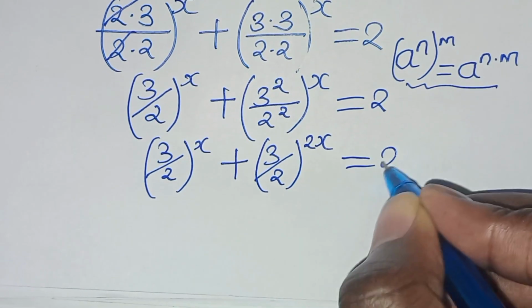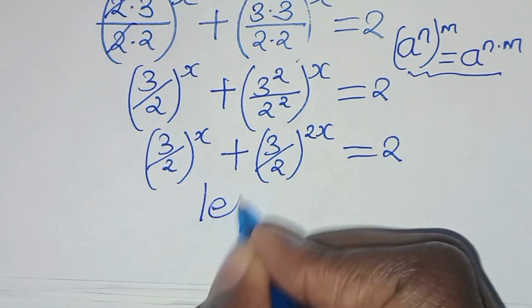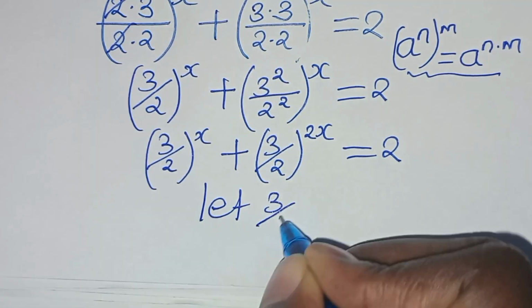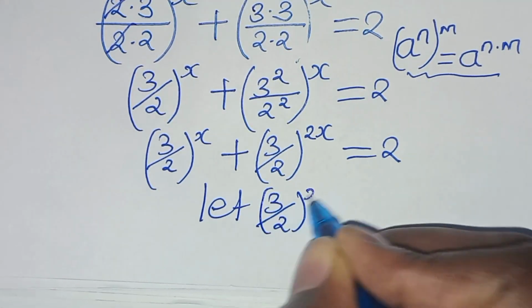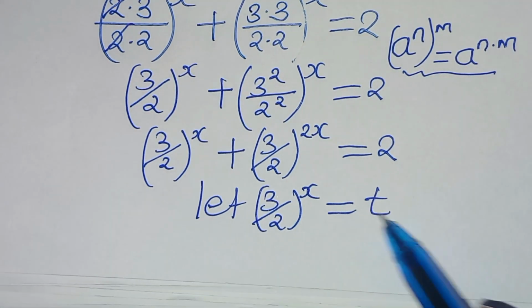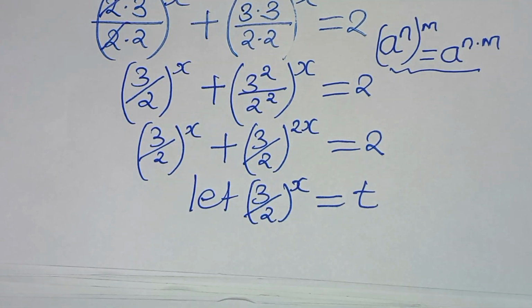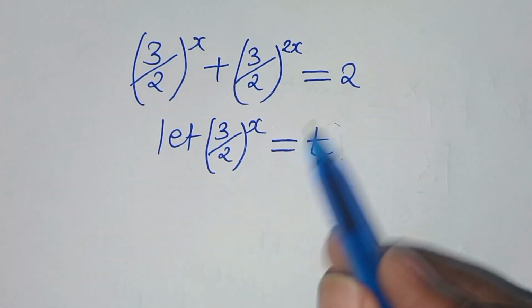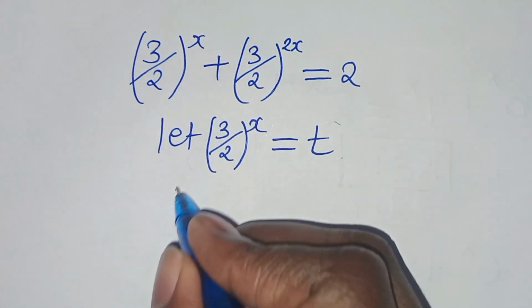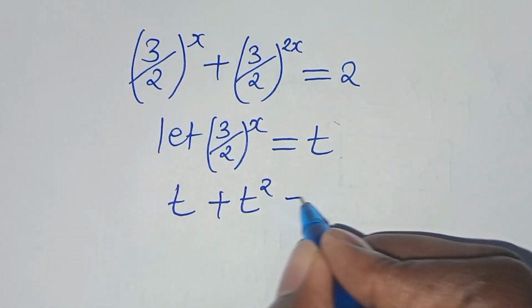This is equal to 2. The next step is that we write 3 over 2 raised to the power x equal to t. So let's substitute t where we have 3 over 2 raised to the power x. Now substituting the value of t from here, we have t plus t squared. This is equal to 2.